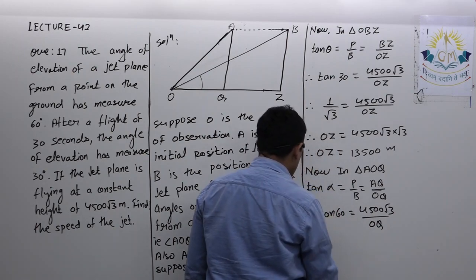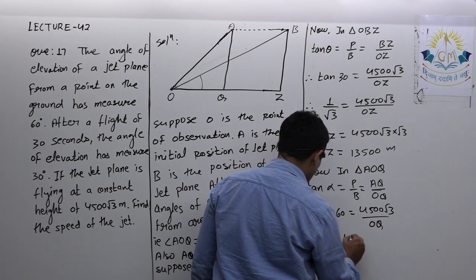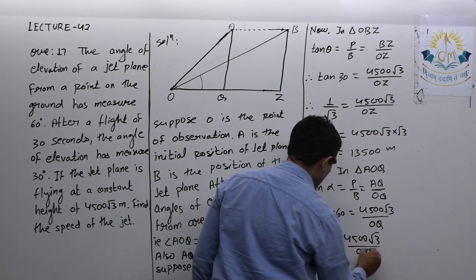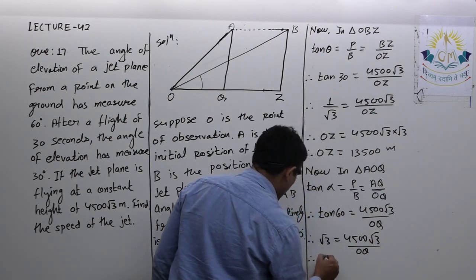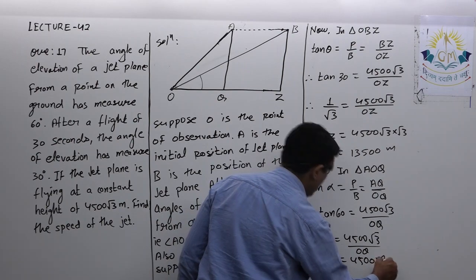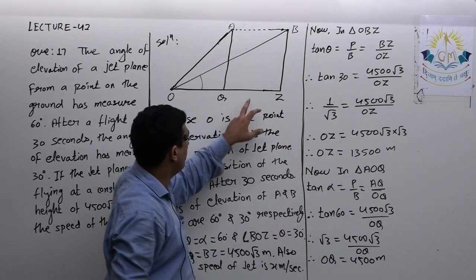Now tan 60 is root 3, so root 3 is equal to 4500 root 3 upon OQ. So here root 3 and root 3 I can cancel out, and I will get OQ is equal to 4500 meters. So I got the value of OQ as well as OZ.